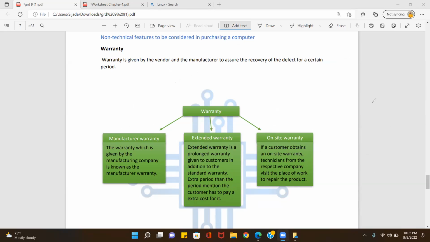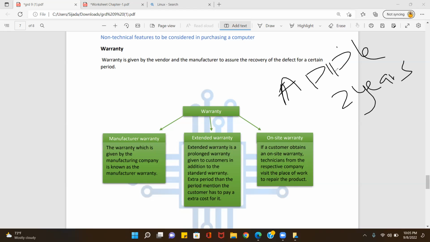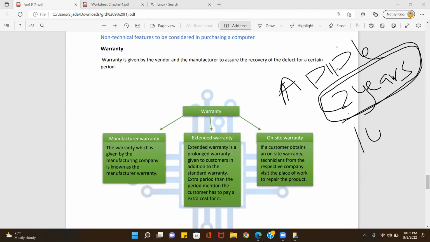Extended warranty is this: the manufacturer, HP or the Apple company, is giving you 2 years of warranty. Now you say you have kids at home, so you are not sure, maybe they might break the device. You are scared. So you ask for another 1 more year, or another 3 more years, additional time apart from the given warranty, after the 2 years are over.